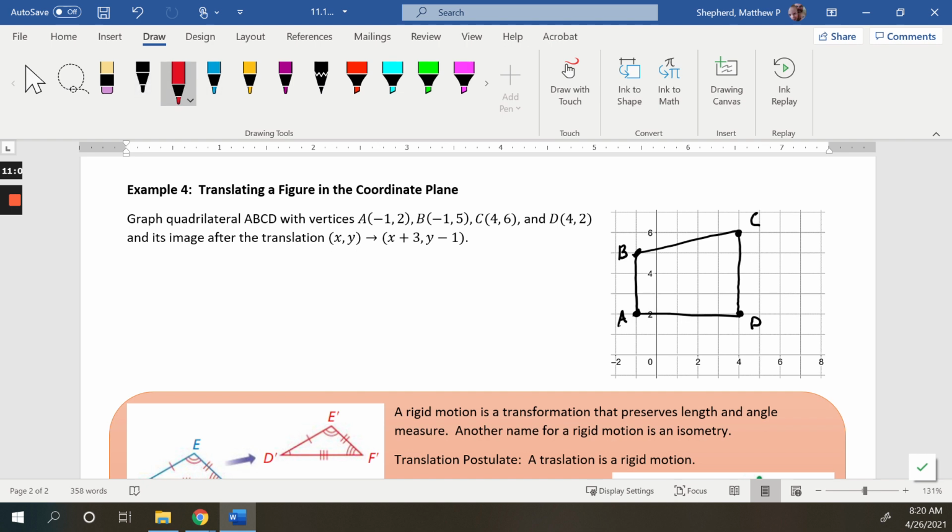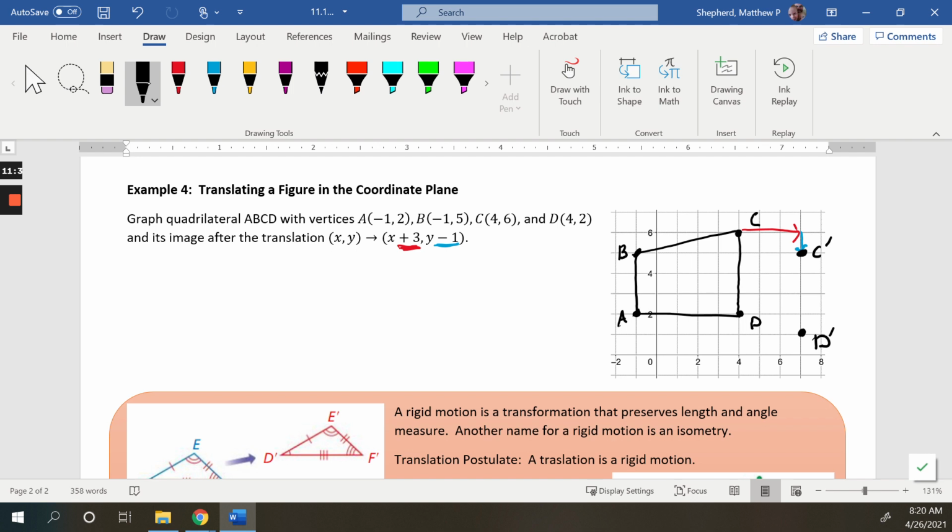Now notice they just gave us the components. So x plus 3, meaning that everything is going to move forward 3 places. And then we've got y minus 1, so then down 1. So that's forward 3, down 1. That'll be C prime. Okay, and then starting at D, forward 3, down 1. D prime.